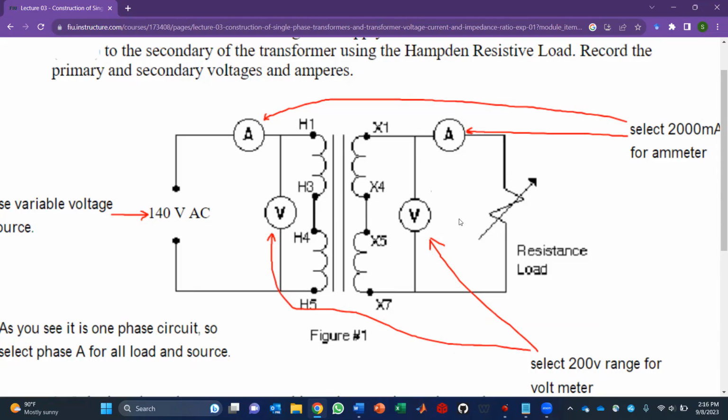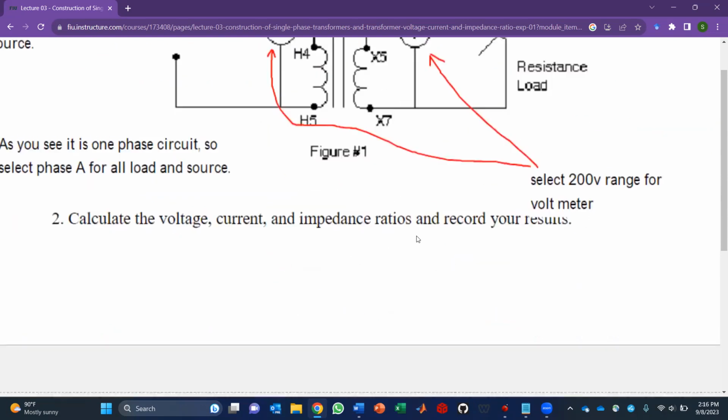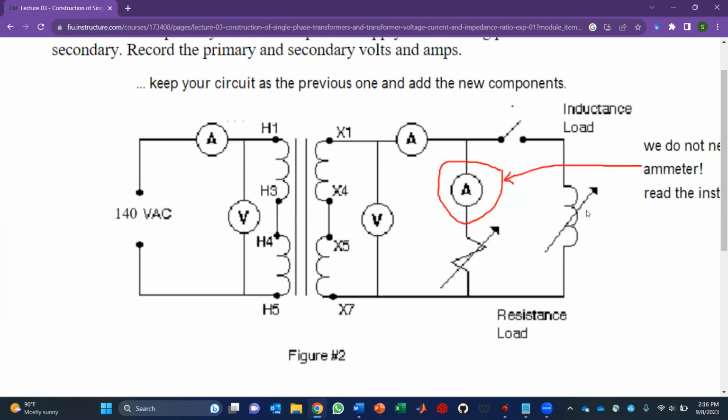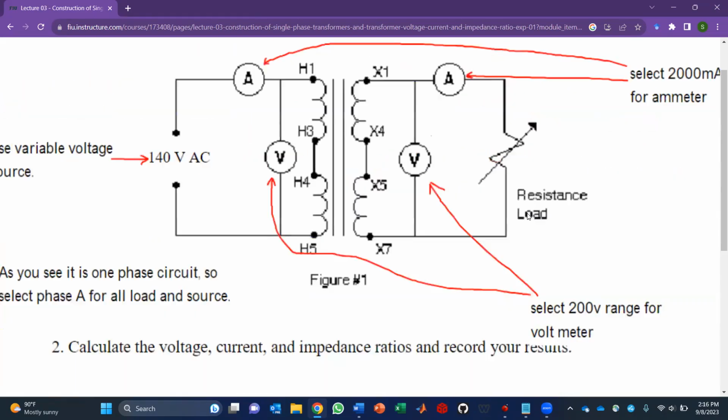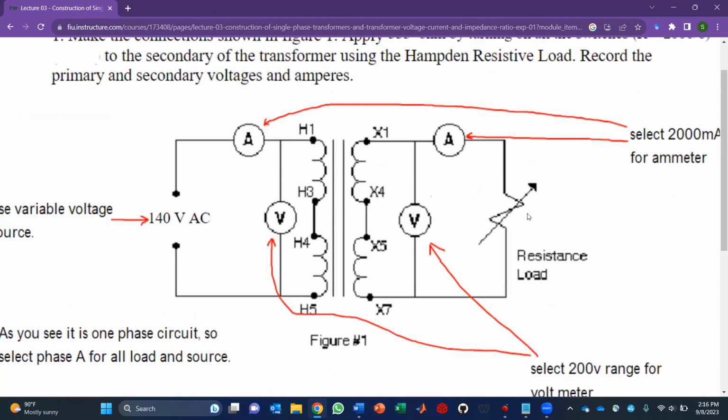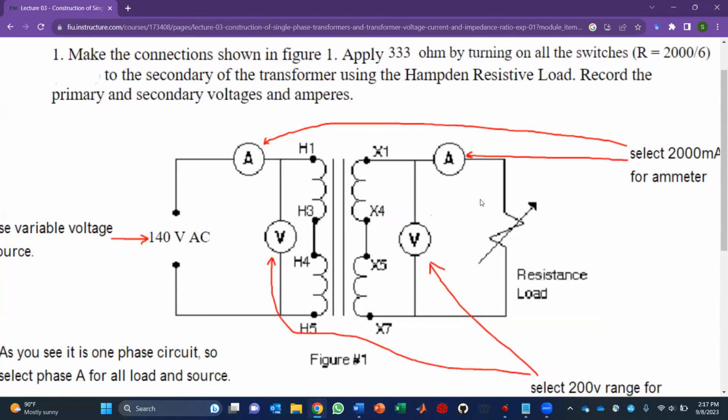So on the secondary side, if we don't have any load, you will see there will be some voltage. But in this experiment, we're going to use a resistive load, although we're supposed to use an inductive load as well. But for the time being, since this is the very beginning, we're going to use a resistive load.